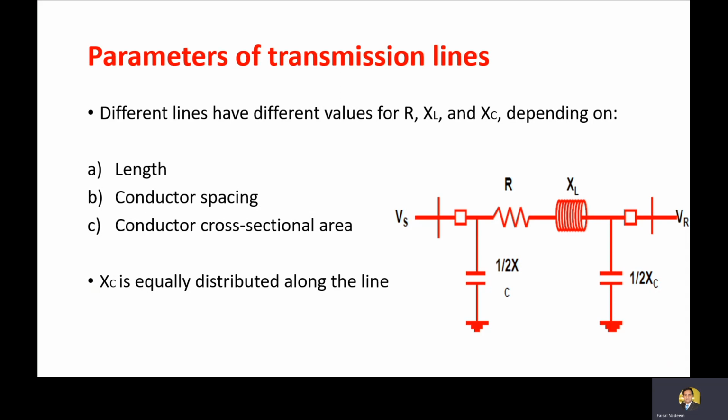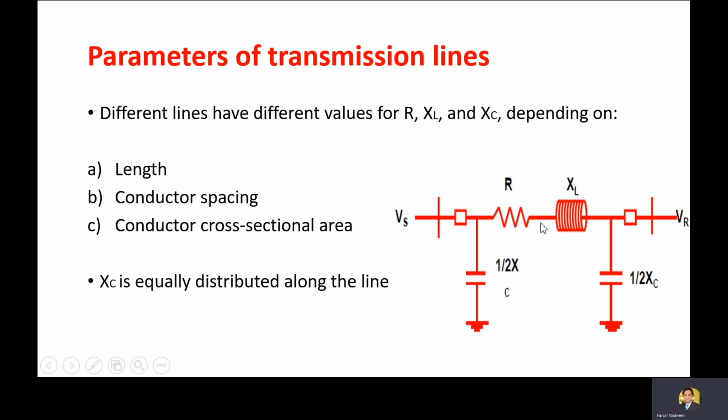Parameters of transmission line. There are 4 parameters of transmission lines, that are resistance, inductance, capacitance, and conductance.